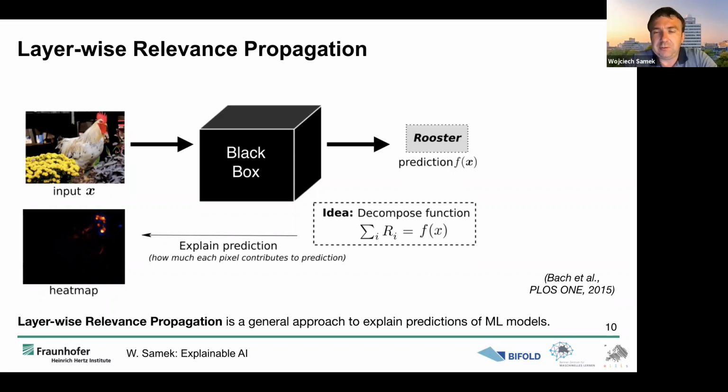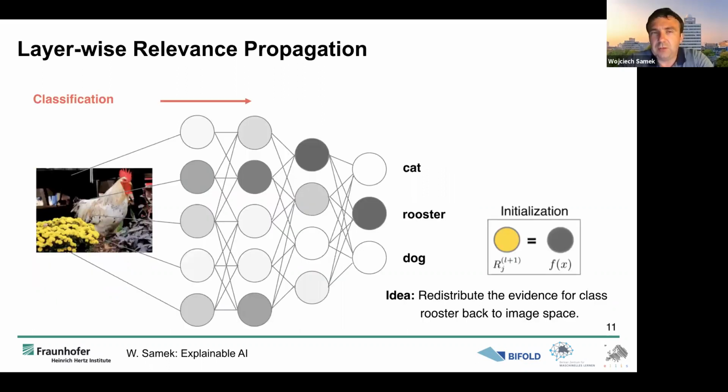But the key question is how to get these relevance values, those Ri. And the key idea of LRP is to use the model structure to get these values by propagating them back. So in some sense, you have your prediction in the first place. Your neural network gets this image and predicts that this is a rooster.